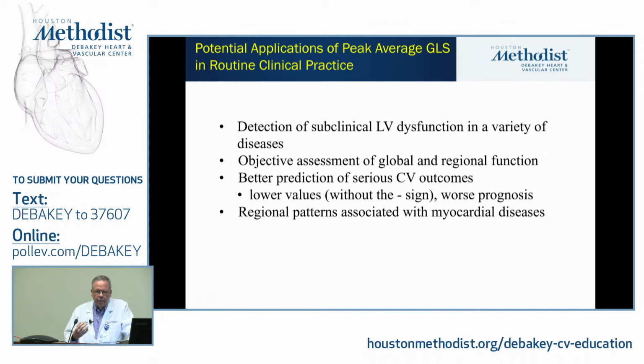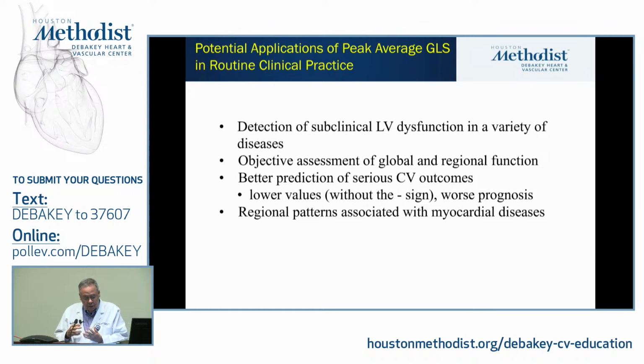So the beauty of strain is that because it's looking at myocardial deformation or shortening, it's more accurate than EF in assessing left ventricular function. So it can detect subclinical dysfunction in patients where the EF appears to be okay.